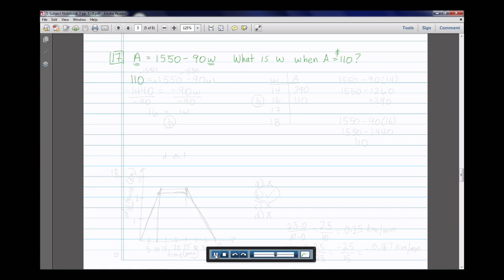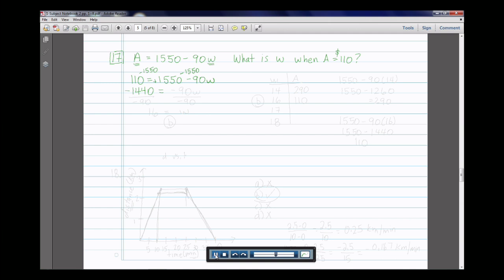You set A equal to 110 and solve for W. It doesn't matter that W is on the right hand side. You can move everything else over to the left hand side and it means the same thing. To get rid of the positive 1,550, you put minus 1,550 on each side. 110 minus 1,550 gives you minus 1440.